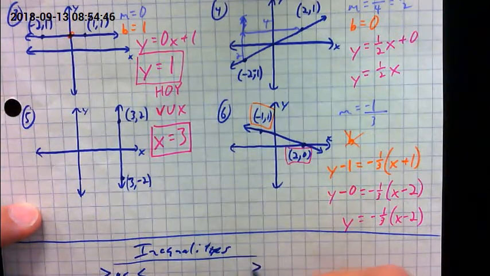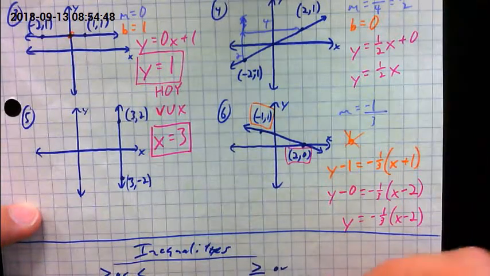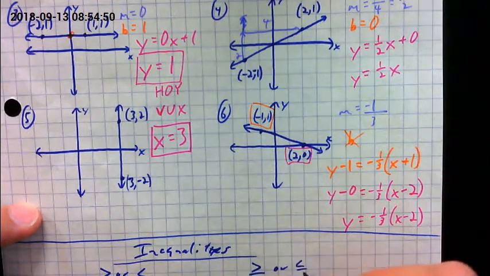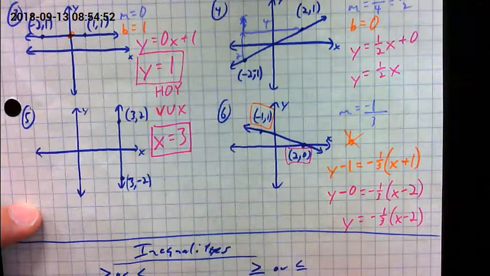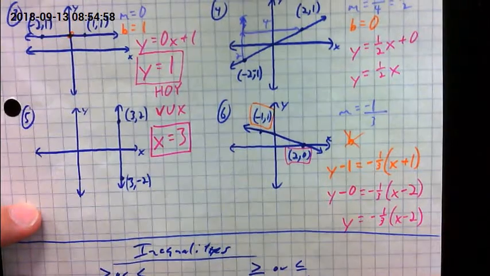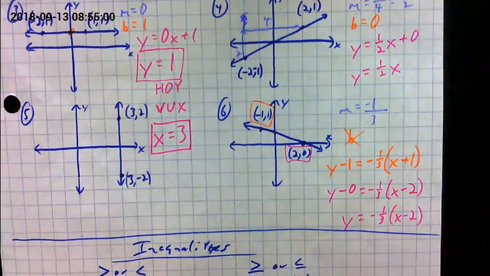If you have a greater than or equal to or less than or equal to sign, your lines will be solid. And then you will always have to shade.